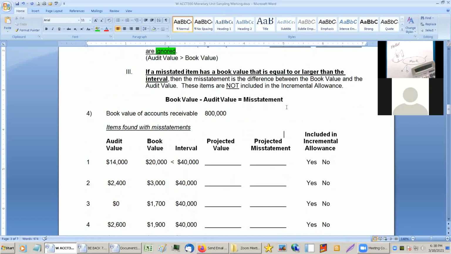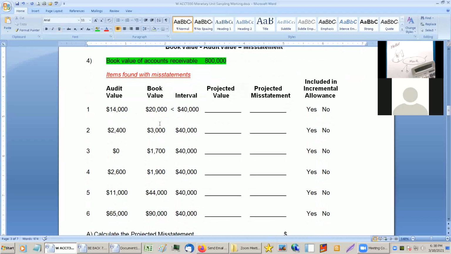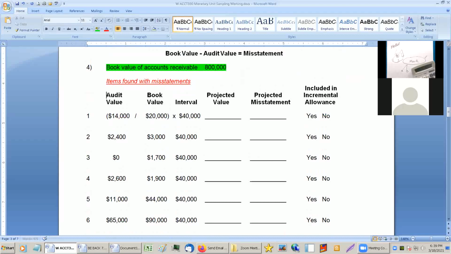So let's take a look and see how this works. We have a book value, and these are the items that we found that might have problems. The way I have this set up is intentional. So audit by book, we did that before last class, I think. And by the way, it's alphabetical, audit over book.